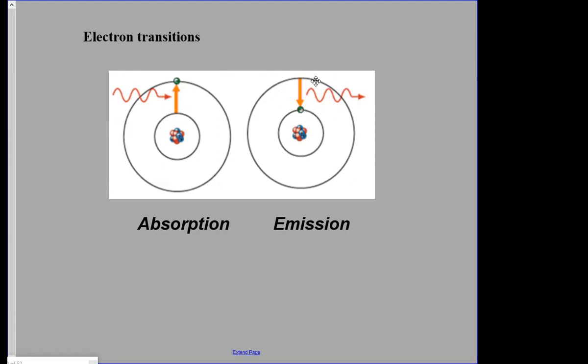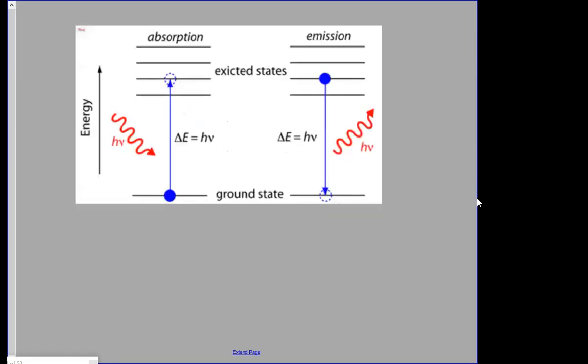There is a unique energy to energy level number 2. The difference in those two energies is the energy of the light given off. So you can see here that if an electron is excited to a particular energy level, it absorbs a unique energy of light. But if that excited electron falls back down to the ground state, it releases a unique energy or color of light.